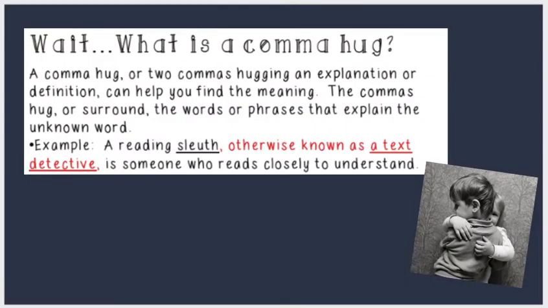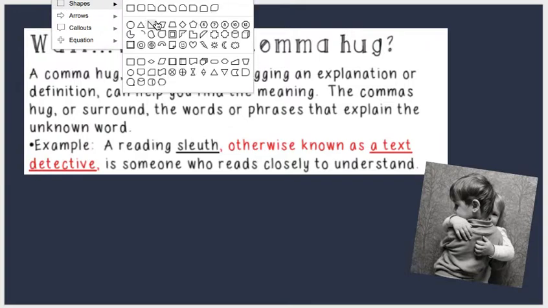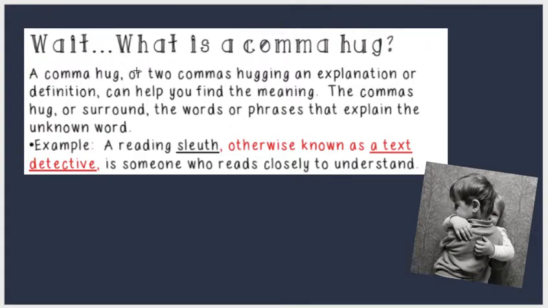Wait, what's a comma hug? A comma hug is when two commas are hugging an explanation or definition, and they can help you find the meaning. The commas hug or surround the words or phrases that explain an unknown word. There were two in this paragraph right here.